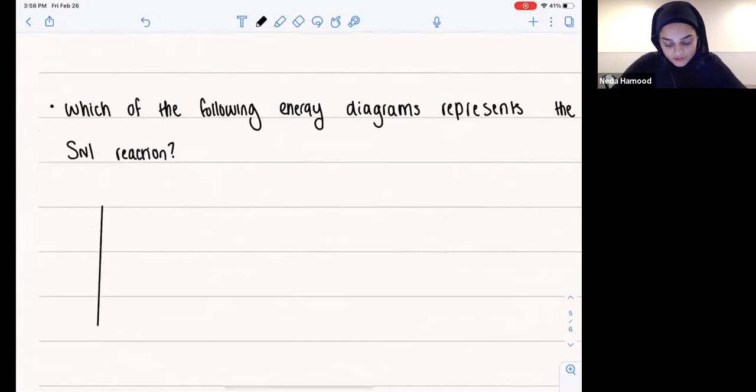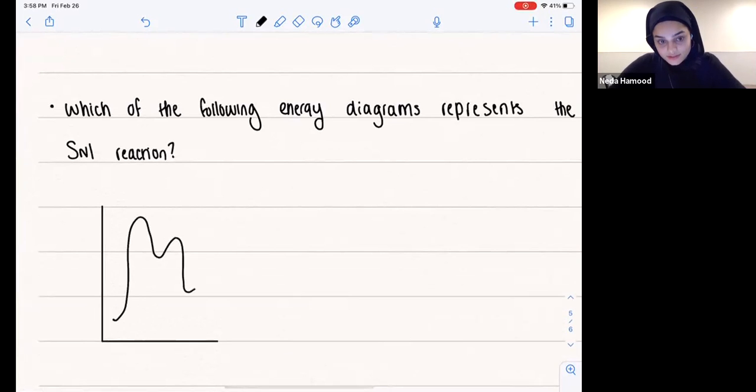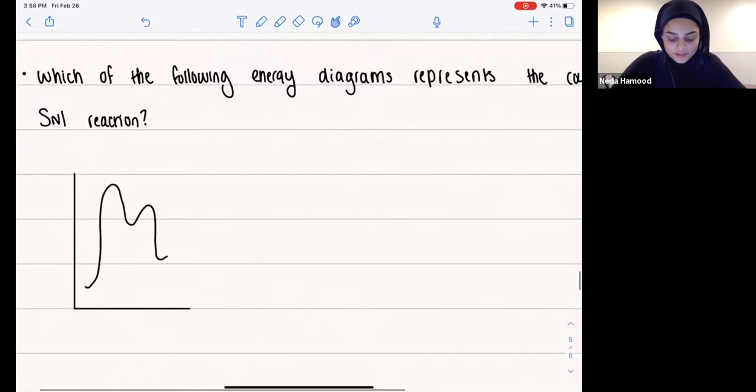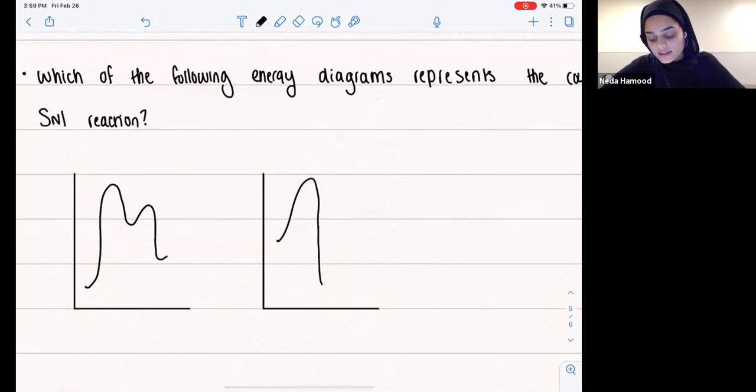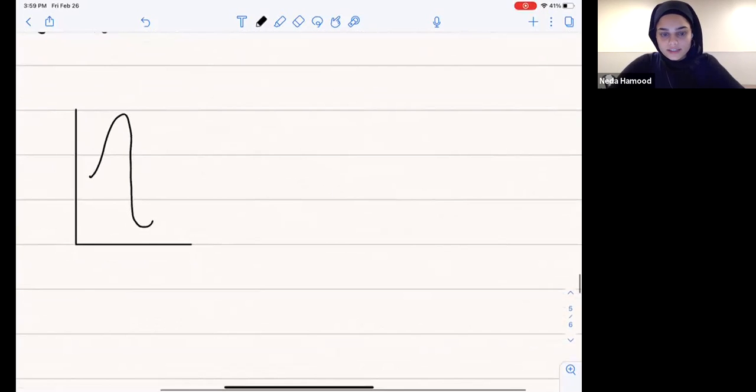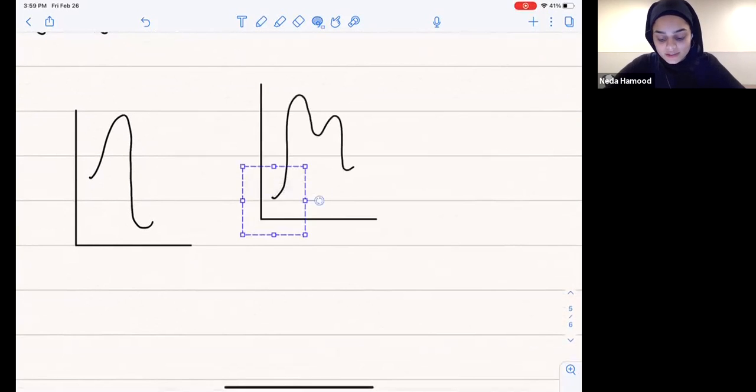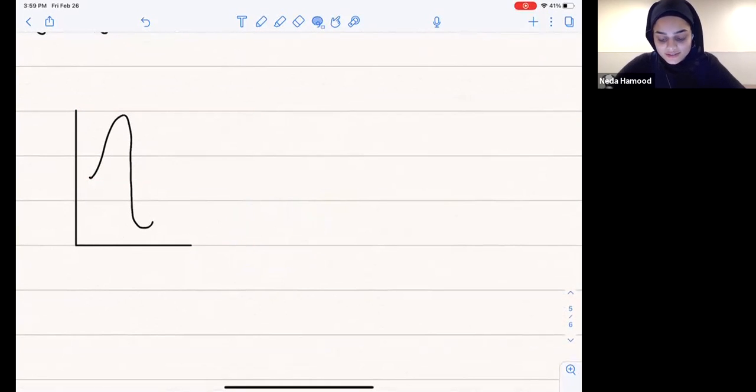Okay, so in the first one, we have something that looks like this. Second one, we have something that looks like this. That's looking pretty exothermic to me. What do you guys think?